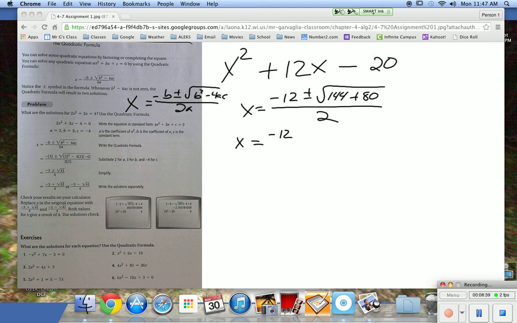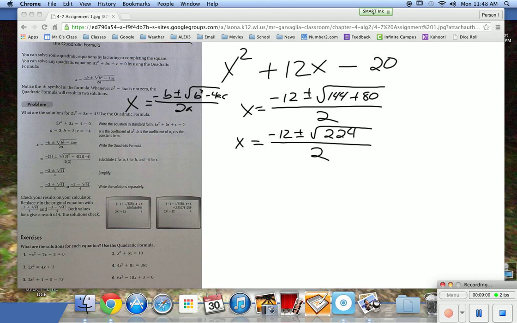So we go negative 12 plus or minus the square root of 224 over 2. 224. Got to break out a calculator for this.